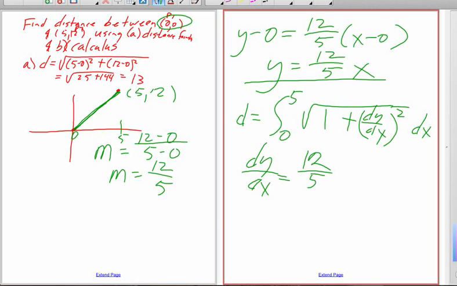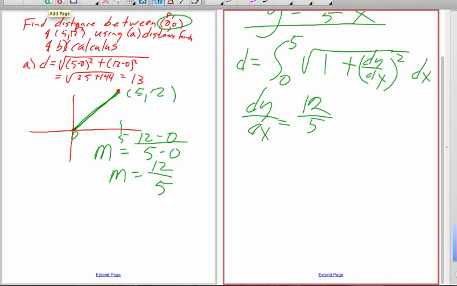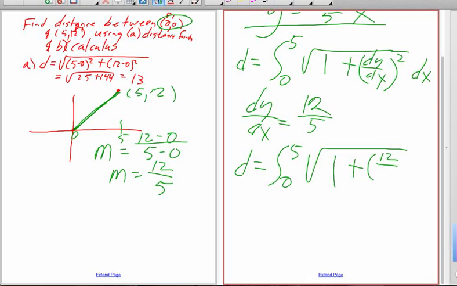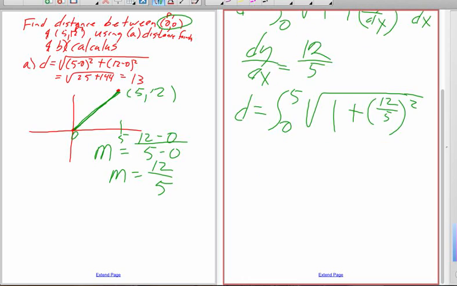That's my dy dx. Now we put all of this in. So my distance is going to be the integral from 0 to 5 of the square root of 1 plus 12/5 squared dx.